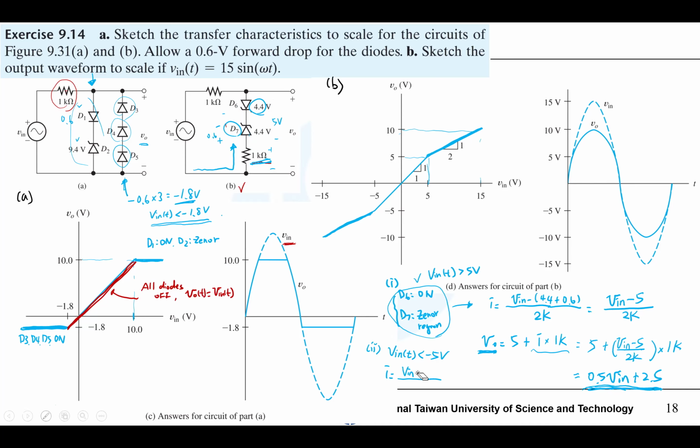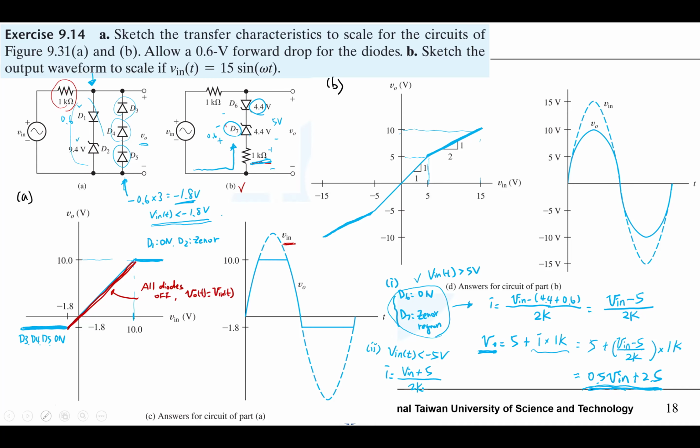So it is plus 5, because V in is a negative value and you need to overcome these 5 volts, including the threshold voltage of D7 and the Zener voltage of D6, divided by 2K. This is the I.